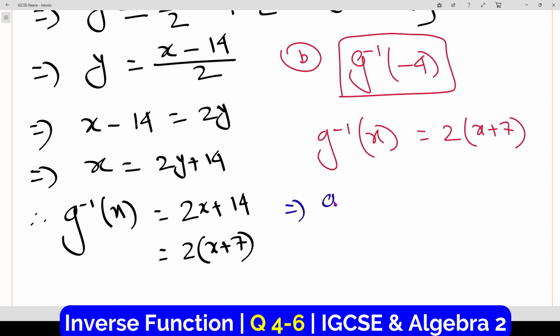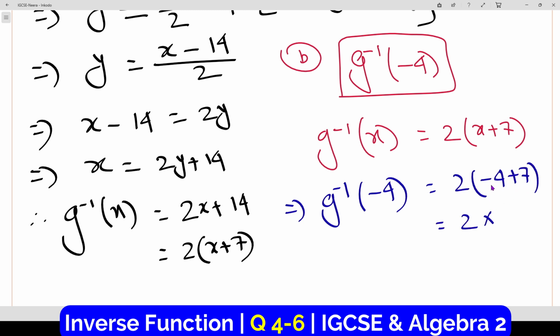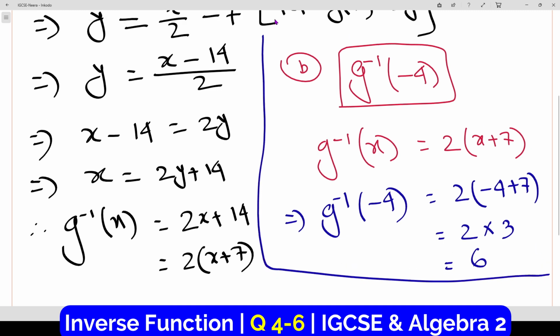Then we can write minus 4 instead of x. So 2 times (minus 4 plus 7). So 2 times 3 is 6. So our result is 6. Okay, so that's number B.